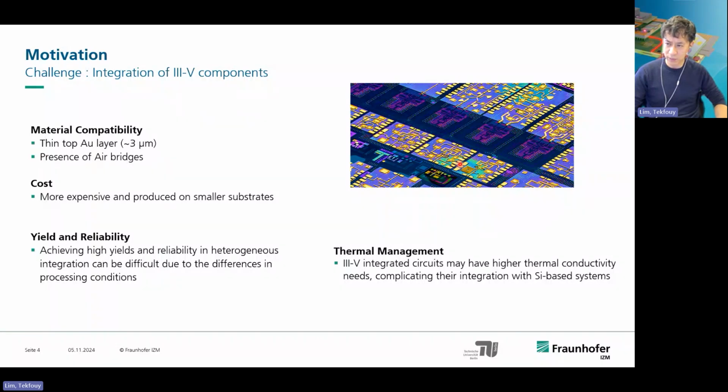With this back-end of line, the top layer of gold is really thin, around 3-5 micrometers, which makes a standard integration quite tricky. The second problem is the presence of air bridges.